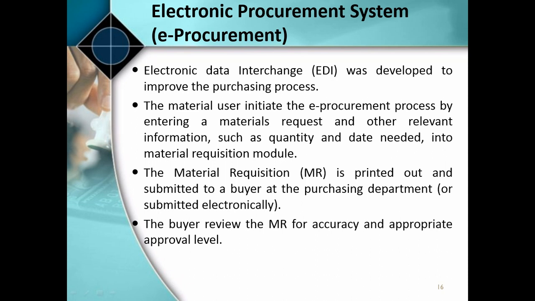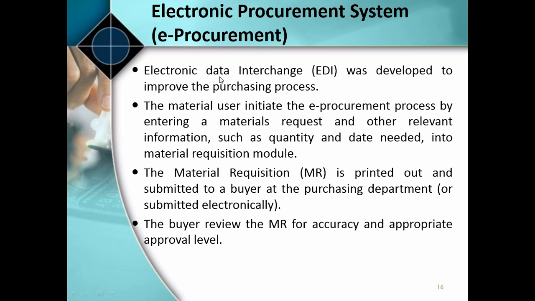Lepas tu akan ada request for quotation, request for proposal, and then kita proceed with purchase order. Settle tu adalah secara manual, melibatkan paper based. So now we go for electronic procurement system, which is instead of kita guna secara manual, we go for electronic ataupun kita panggil sebagai e-procurement.